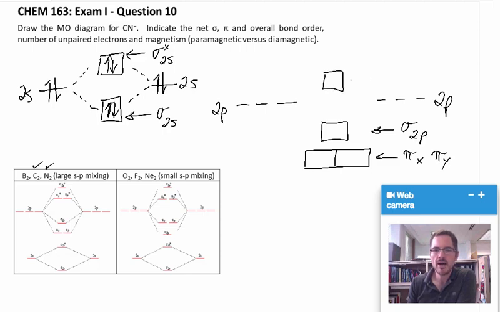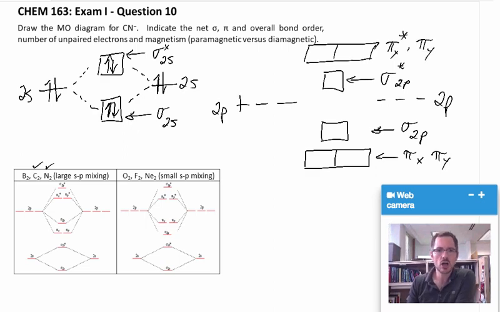Next is going to be my anti-sigma 2p, and then my anti-pi x and my anti-pi y. And carbon has 1 and 2, and my nitrogen has 1, 2, and 3, and then I'm going to have 1 extra electron because of my ion. So this is all based on my organization of the energy splitting.